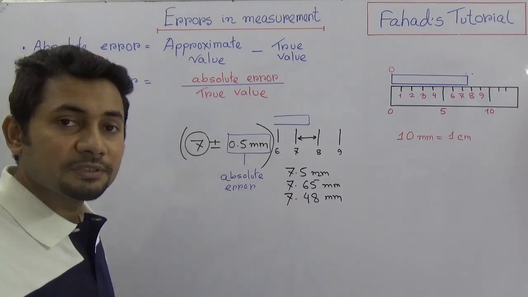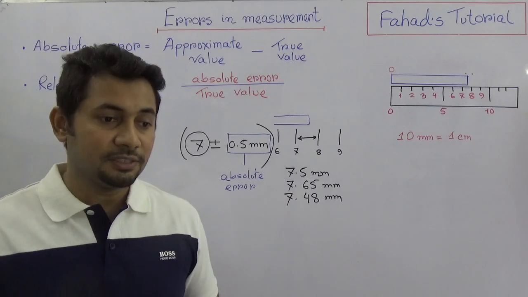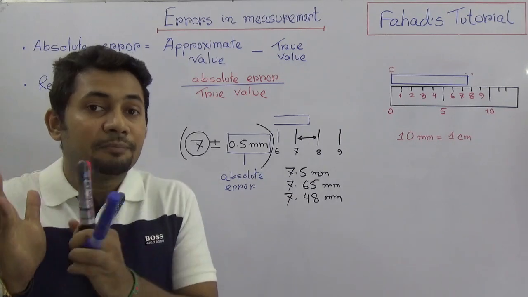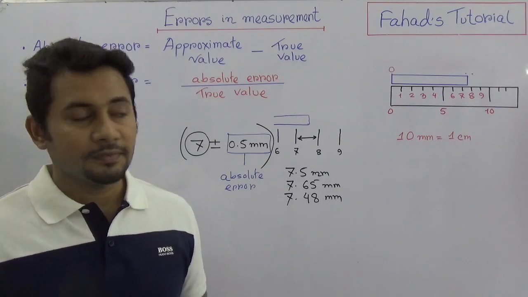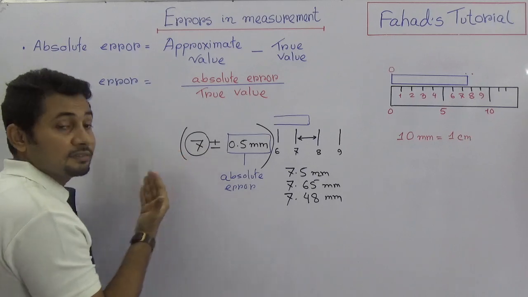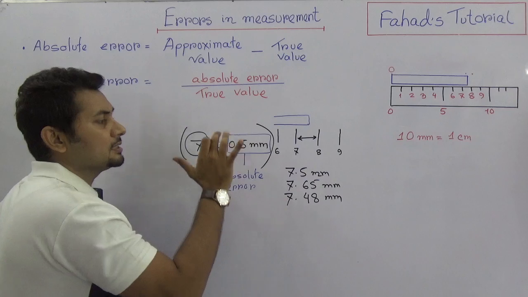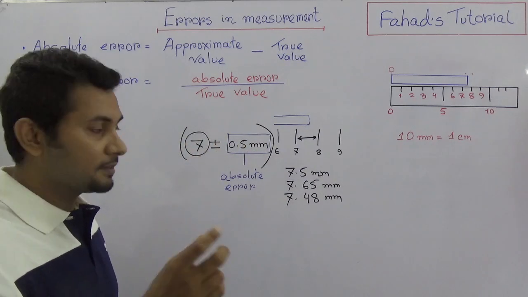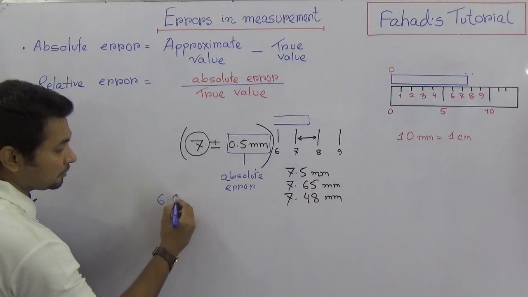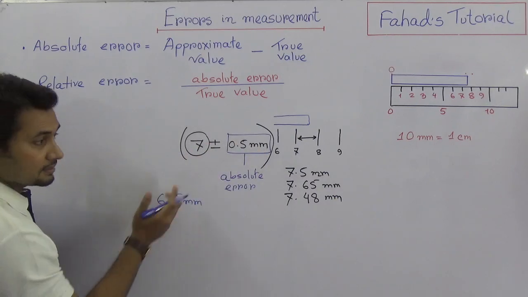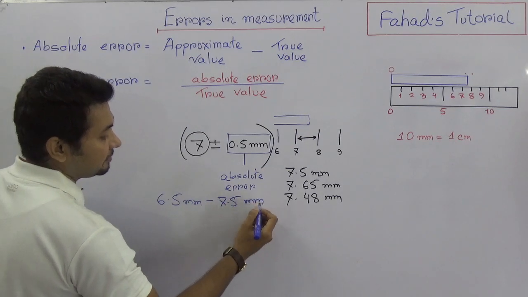So what is actually absolute error? Absolute error is the magnitude that shows the difference between the approximate value and the true value. We can say that this plus or minus 0.5 millimeter from 7 can be 6.5 millimeter to 7.5 millimeter.